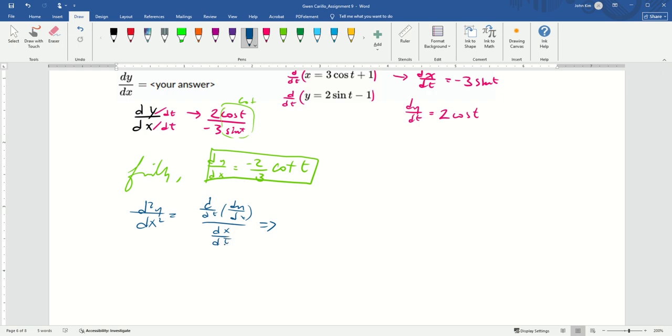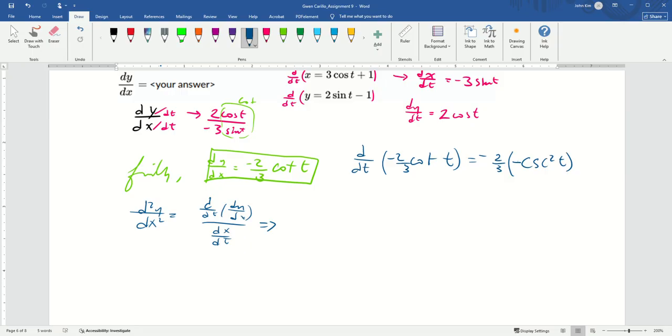So we're going to take the derivative, not with respect to x, sorry about that, with respect to time, of negative 2/3 cotangent of t. That's equal to, factoring out the coefficient, negative 2/3 times the derivative of cotangent, which is negative cosecant squared of t.